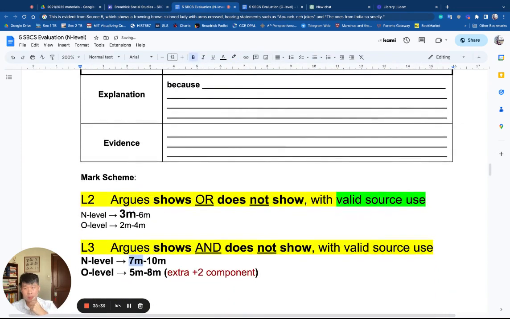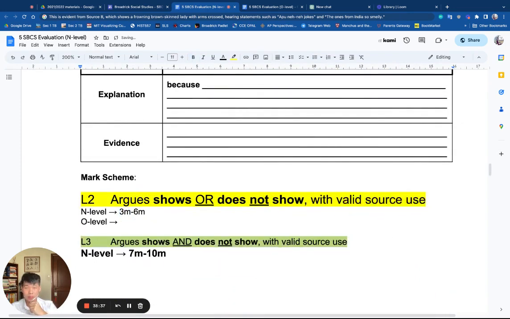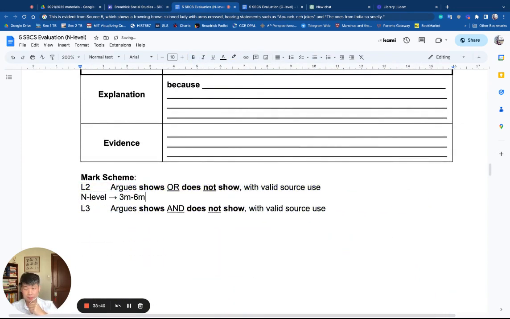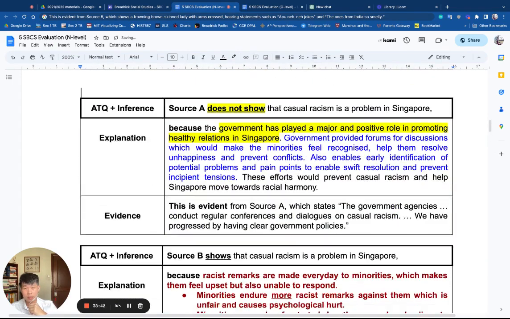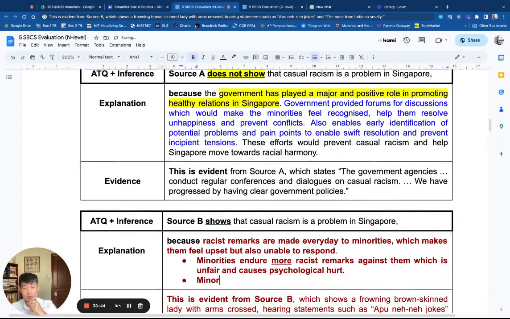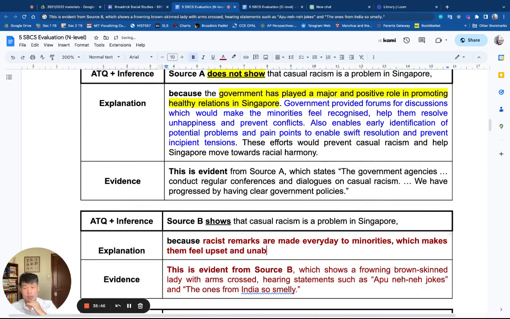Now let me talk about the O level plus 2 component. Before I do that, O level students, I just want to clarify one thing, which is N level.